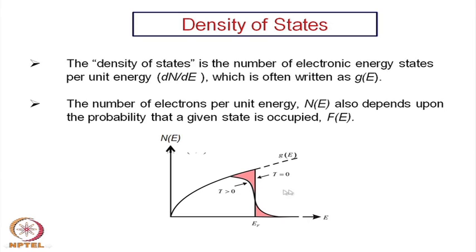So, this is the variation of what we call the energy density of states. At any particular energy level, how many energy states are available. So, at 0 it is only 0, whereas as we increase the energy, more and more number of energy states are available following a parabolic curve.